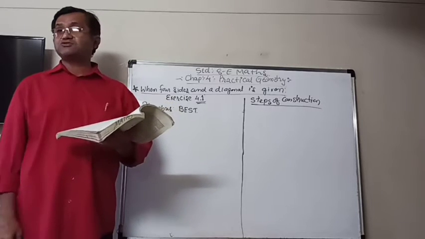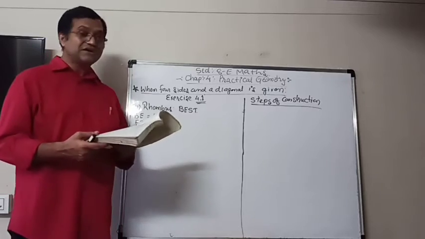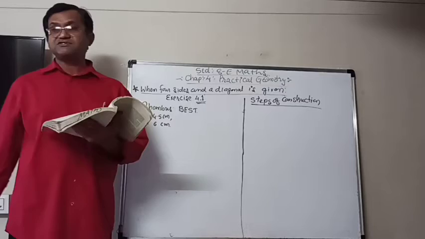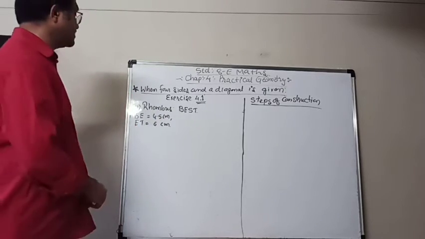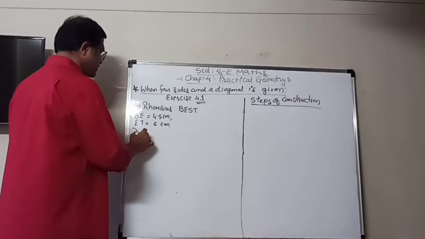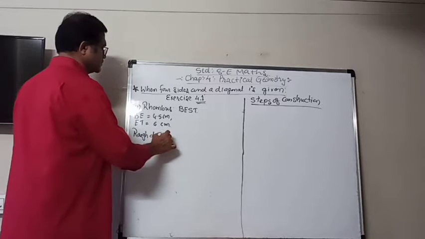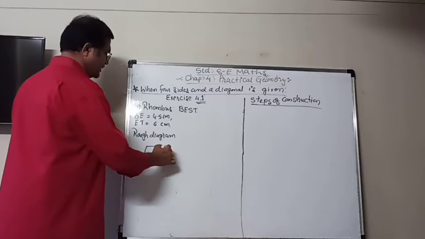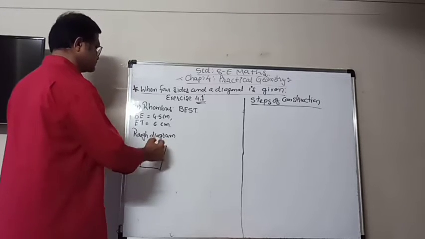I am taking the last one, rhombus. Rhombus BEST, in which BE is equal to 4.5 centimeter and ET equals 6 centimeter. So first of all, we have to draw the rough diagram. We know that a rhombus means a parallelogram having all the sides equal.